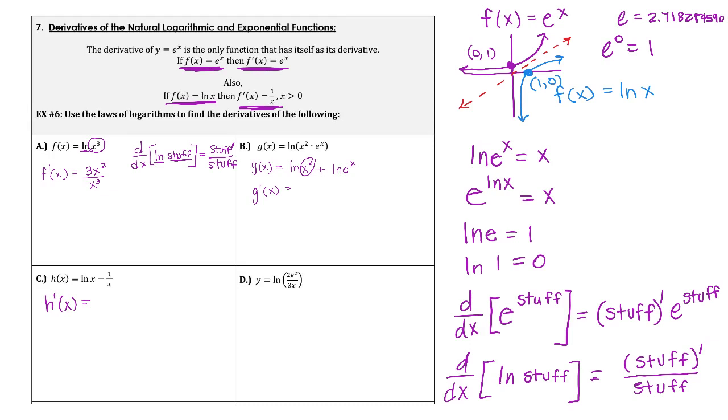Right there's your stuff, right? So what is stuff prime? 2x back over the stuff, which was x squared, plus, now if we remember what I just wrote over to the side, this is going to be pretty easy to take the derivative of. What's the natural log of e to the x equal to? x. So all of that's really just good old x. And what's the derivative of x? Oh, let's go back. Go back to the second little section. It's 1. Derivative of x is 1.